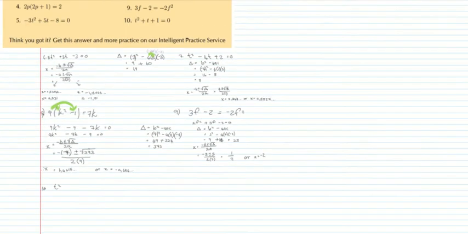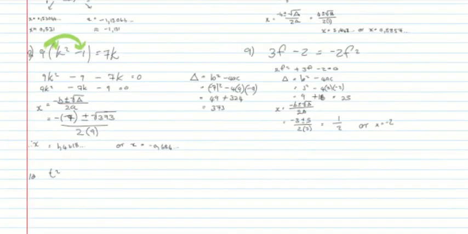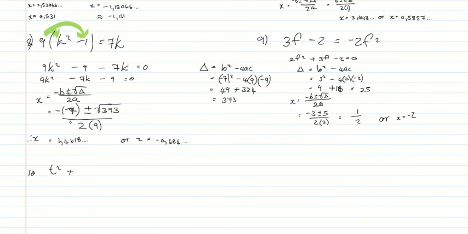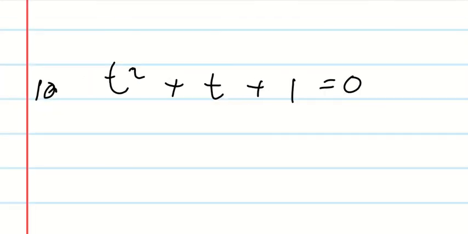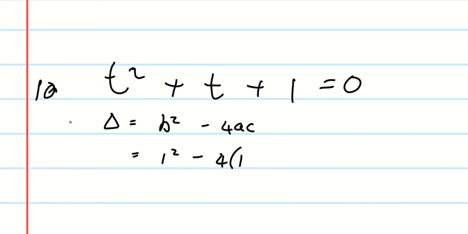t square plus t plus 1 is equal to 0. Alright, t square plus t plus 1 is equal to 0. First step here, discriminant is equal to b square minus 4ac. So discriminant is 1 square minus 4 times 1 times 1.